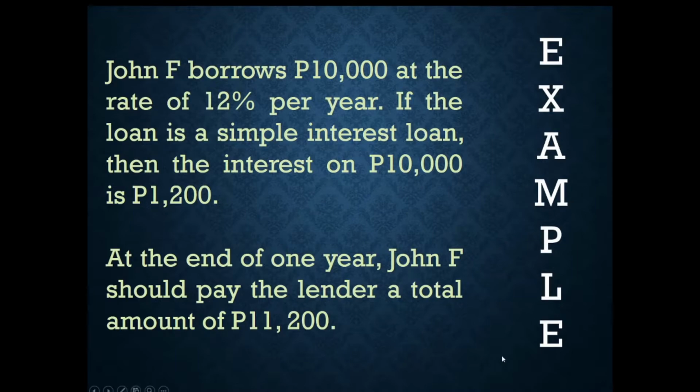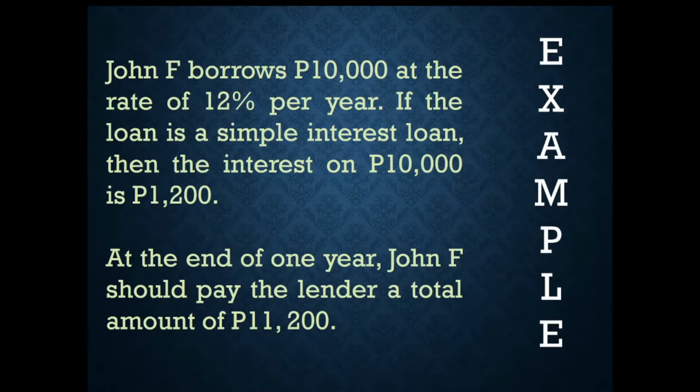So from this first example, we could identify the principal as 10,000 pesos and the rate of interest as 12% per year. Since this is only for 1 year, the term or the unit of time is 1 year only, while the interest that was accumulated for this 12% rate in a term of 1 year is 1,200 pesos.